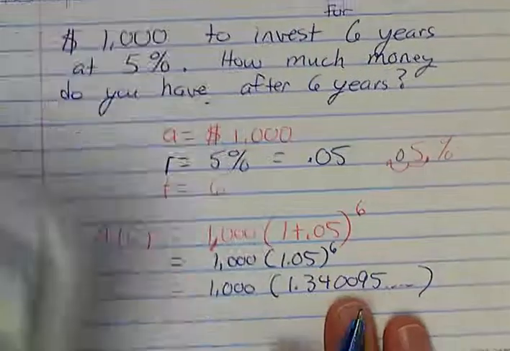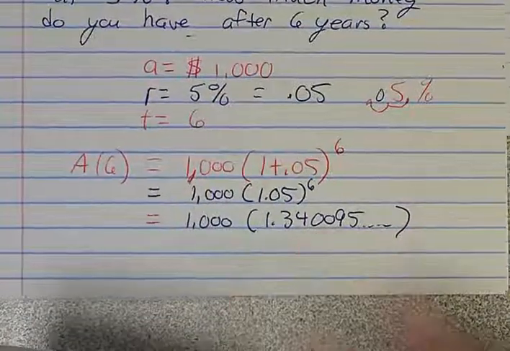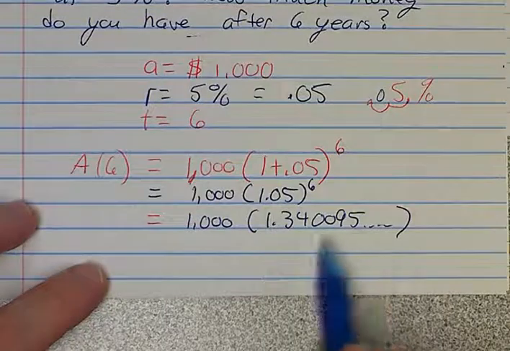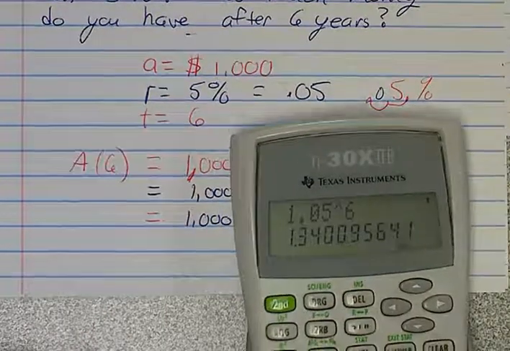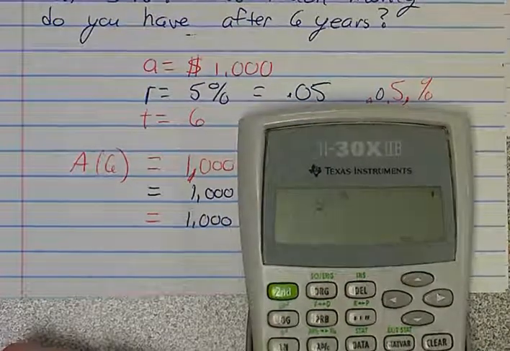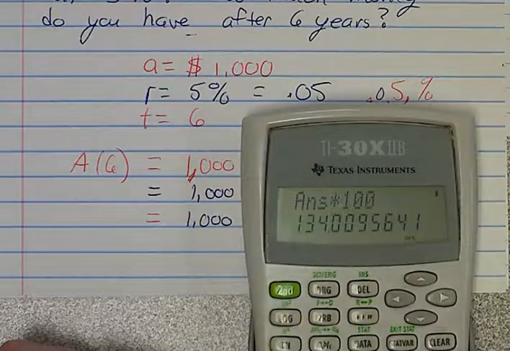Now when you do these numbers on the calculator, don't round this number off. Leave this whole 1.3400956 in there, and then multiply it by 1,000. Once you do that, that's the number you have to round off.